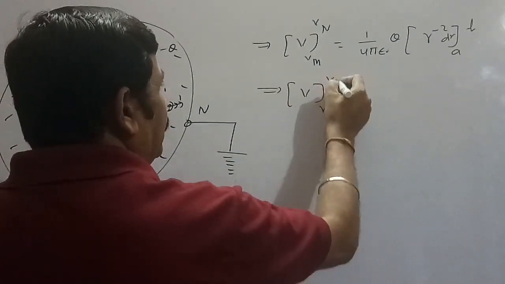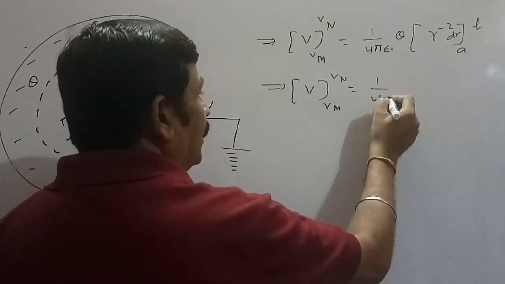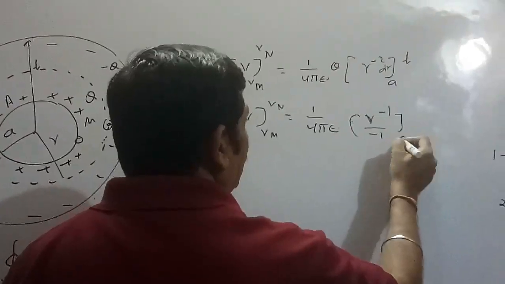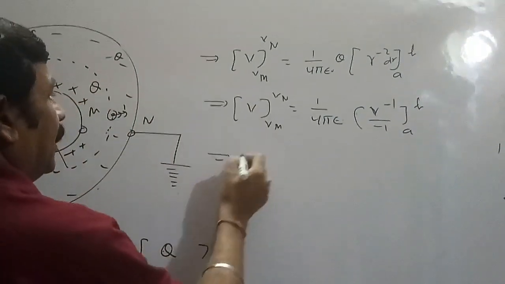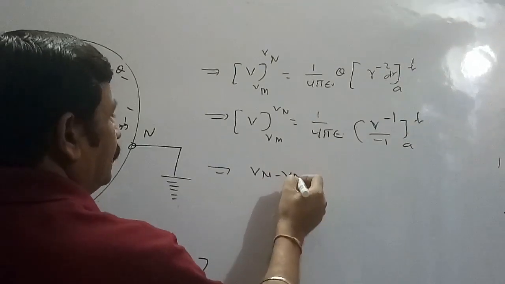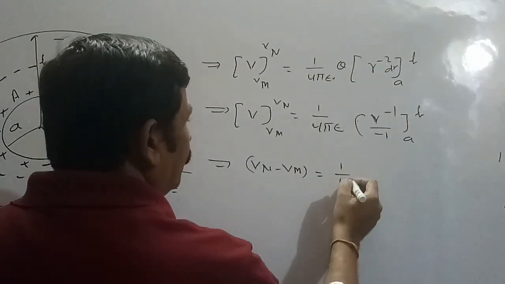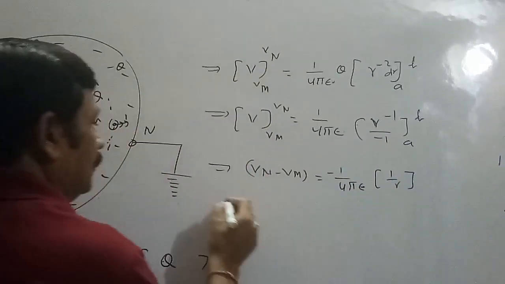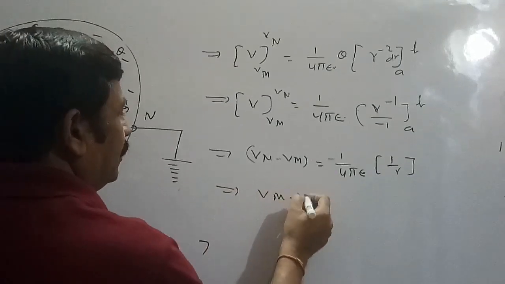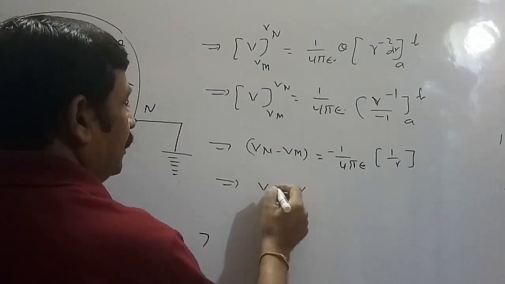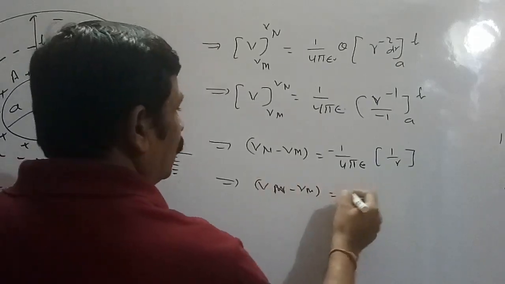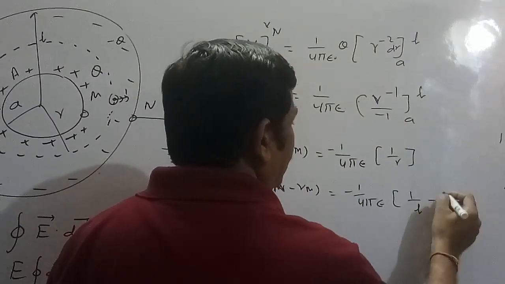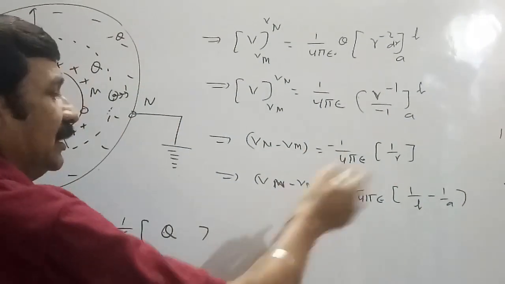Between limits Vm to Vn, it is 1 upon 4 pi epsilon naught times r to the power minus 1 upon minus 1 between limits a to b, which implies that Vn minus Vm is equal to 1 upon 4 pi epsilon naught with minus sign 1 upon r, that is Vn minus Vm is equal to minus 1 upon 4 pi epsilon naught into 1 upon b minus 1 upon a.